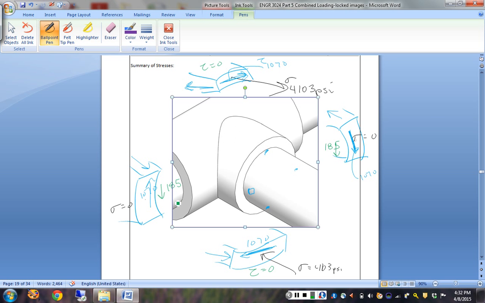So now, can I add 4103 and 1070? Absolutely not. Can I add 1070 and 185? Absolutely. So I have a net larger shear stress on this side. So net shear of 1255 over here, and a net shear of 885 over here.